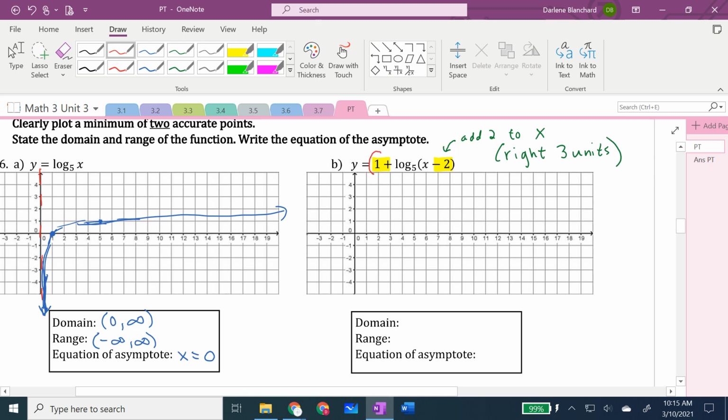When an operation occurs outside the function, you do that exact operation to the y values of the parent graph. So I'm going to add 1 to all of my y values on the parent. But what does that essentially mean? That means I'm moving everything up 1.